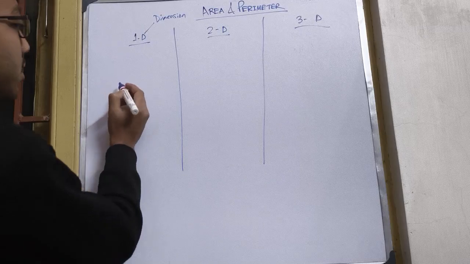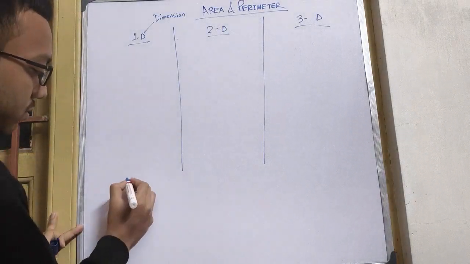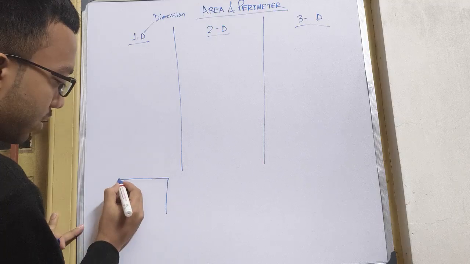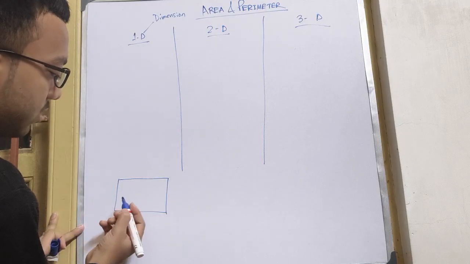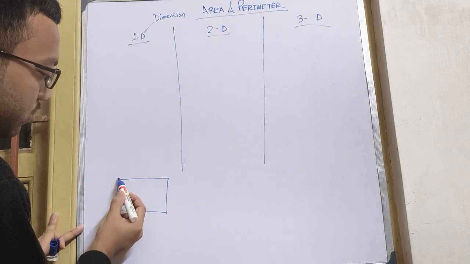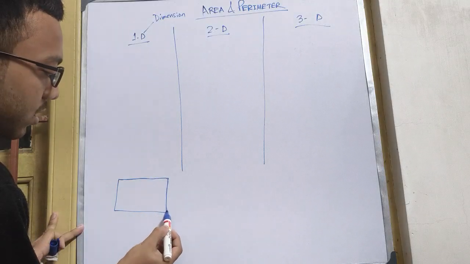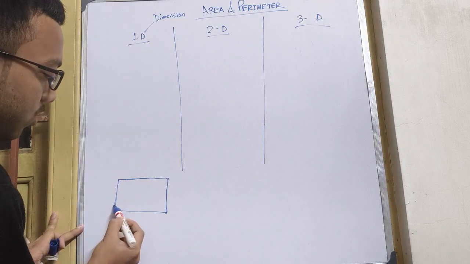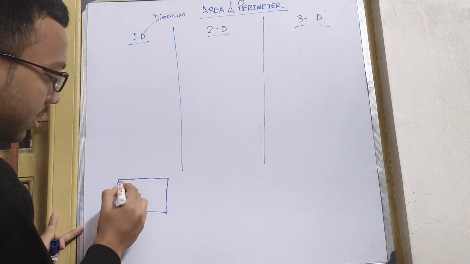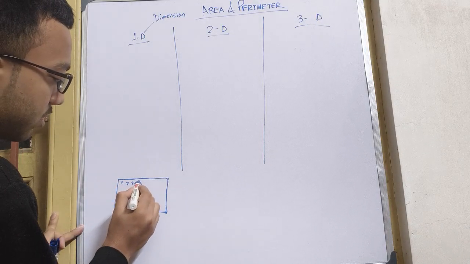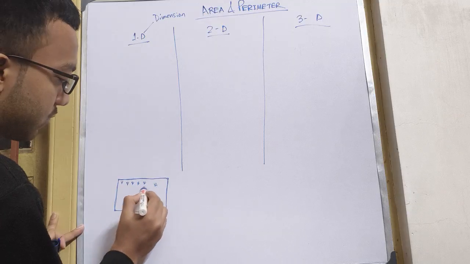What is perimeter? Let's suppose an example of a rectangular field. So this is the border of the field. Let's suppose it is a football ground and the grass is in this portion.